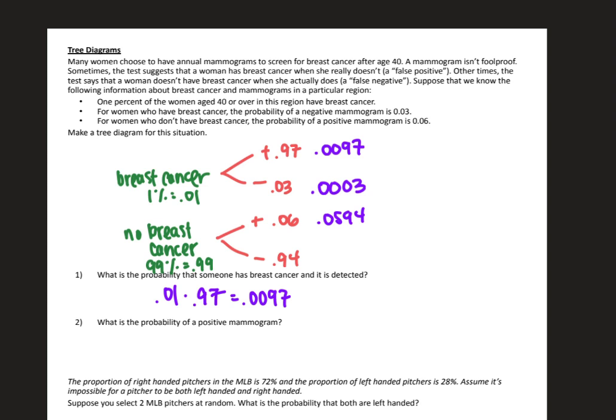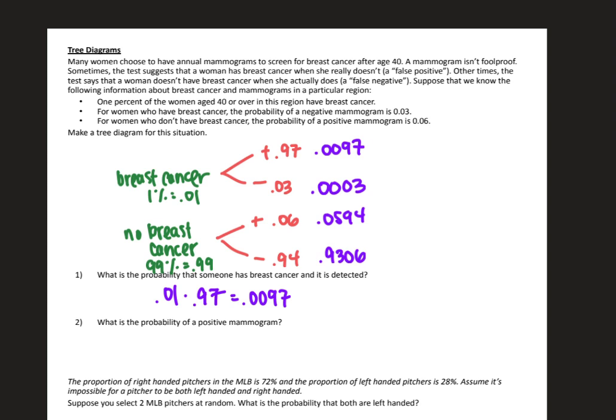And then lastly, having no breast cancer and testing negative, which is the most common case since a lot of women do not have breast cancer, 0.99 times 0.94. That would be 0.9306. And as we saw in that first probability rule or second probability rule, the sum of these probabilities should all add up to 1. So if we were to add these together, those should all add up to 1.